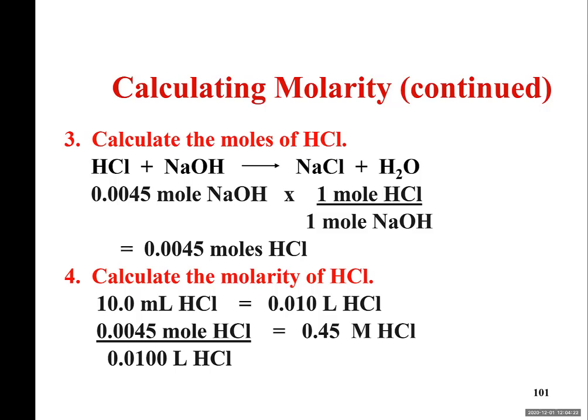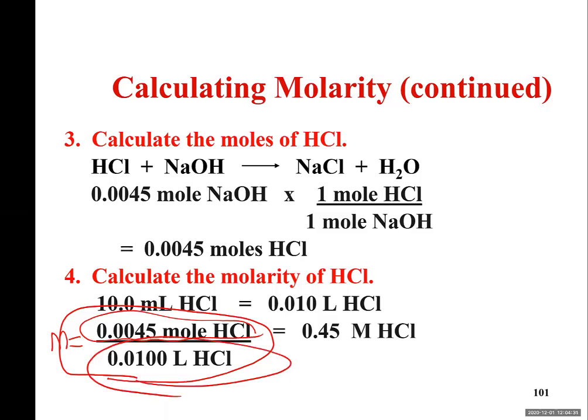Actually, here, see, molarity is number of moles divided by volume in liters. Oh, that's right. Okay. Molarity is number of moles divided by volume in liters. Same thing that you mentioned on the previous problem.